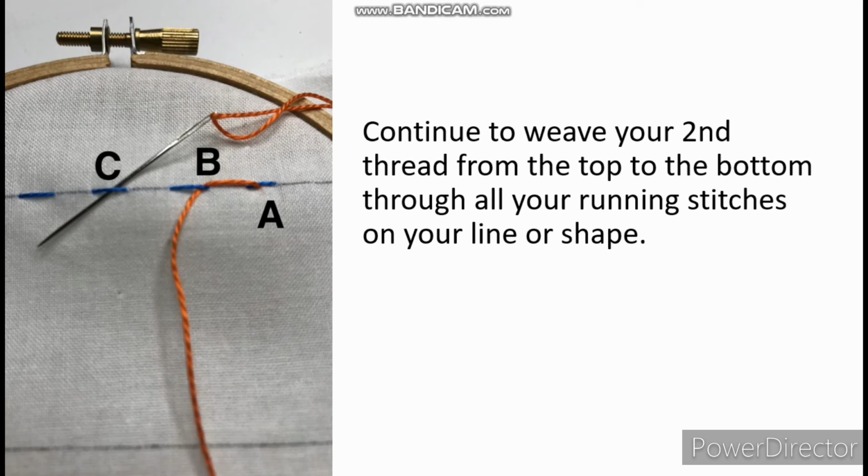Continue to weave your second thread from the top to the bottom through all your running stitches on your line or shape. You continue to do it like that, from the top you take it to the bottom, you pass it through your running stitches on your line or shape that you have.